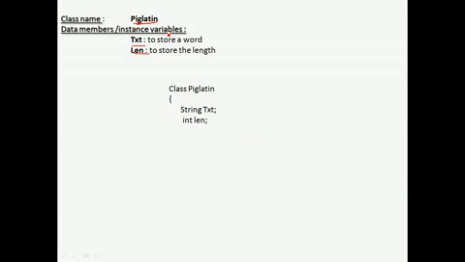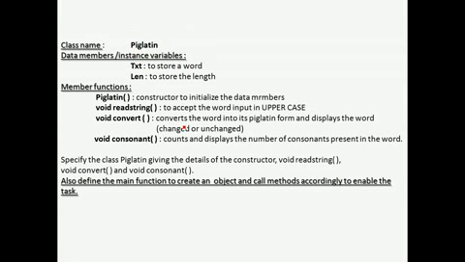Then txt will store a word, so to store a word we need a string data type, so it is string txt. Then len stores the length of the word, so it will be an integer because it will store the length. So this part is done.